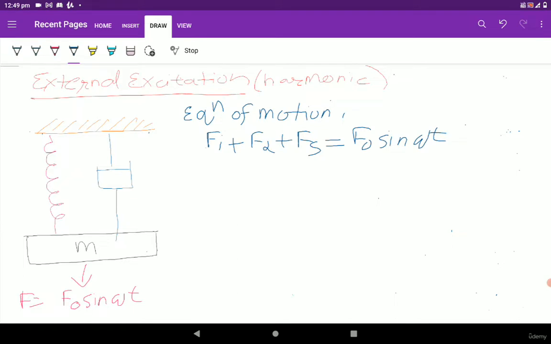So m x double dot plus c x dot plus k x is equal to F naught sine omega t.